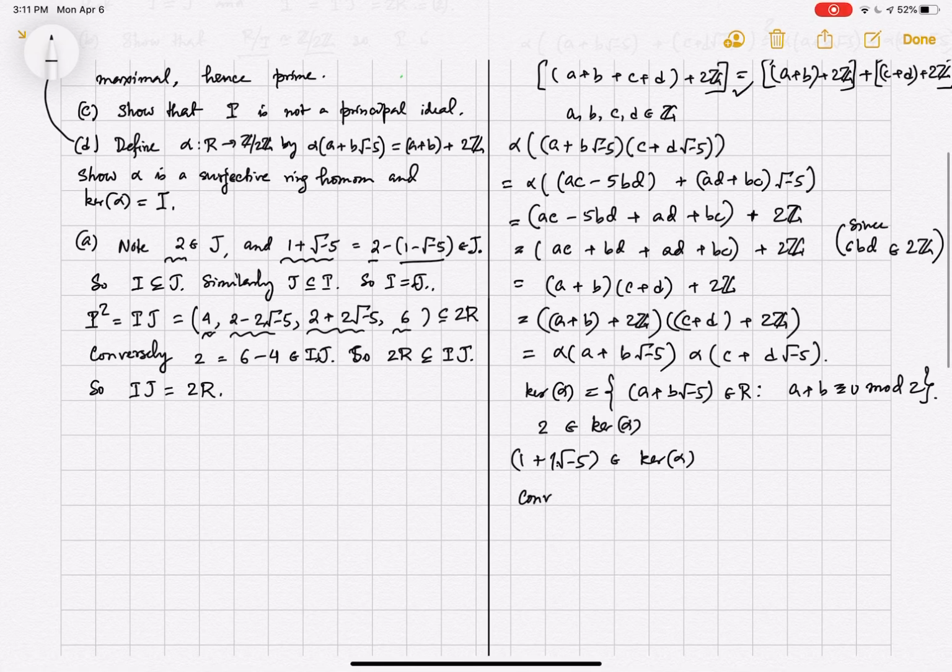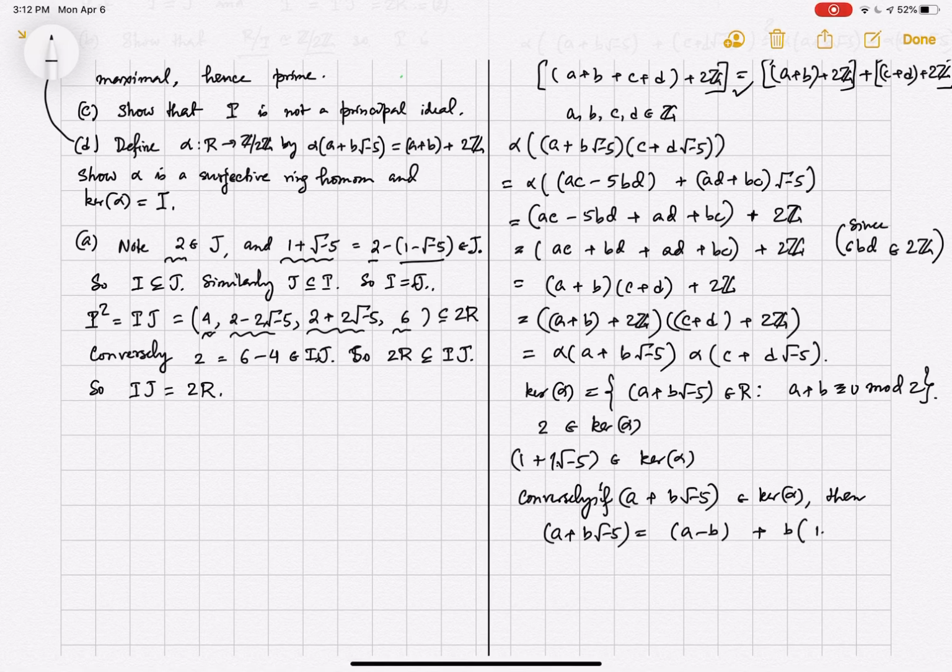Conversely, if you give me something in the kernel of alpha, then what do I know? I know a and b are integers such that a plus b is even. Then I can write it like this. It's the same thing. I've just done a minus b and a plus b, and then I can also pull out a 2.